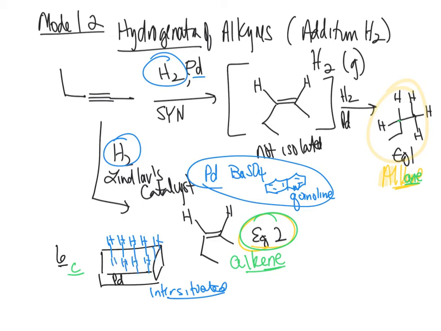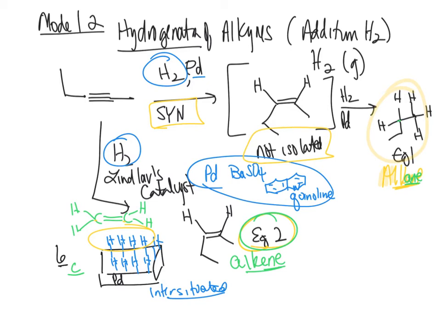And remember we had the alkene come over the palladium metal, and then hydrogen delivers to this side of the molecule to give us a syn addition. And that's why you have the syn here.